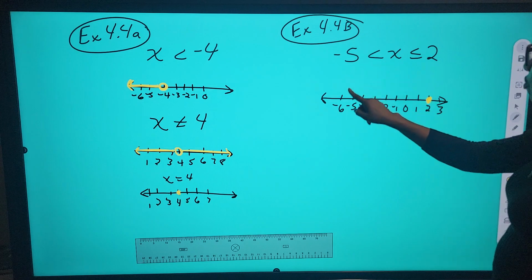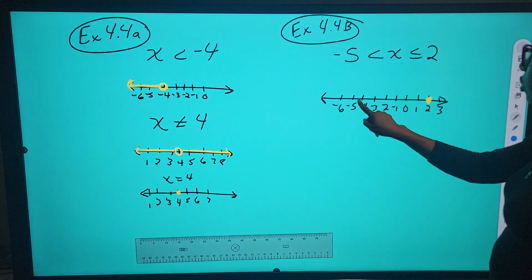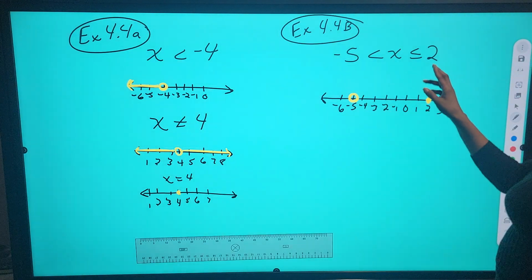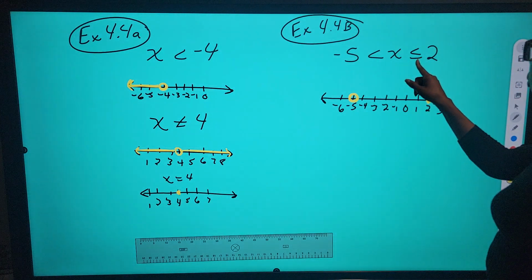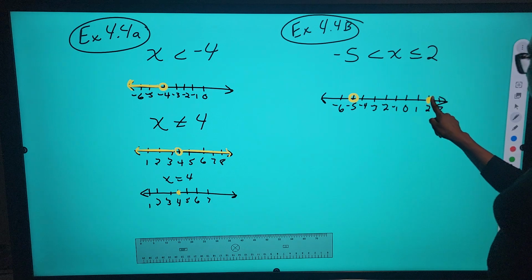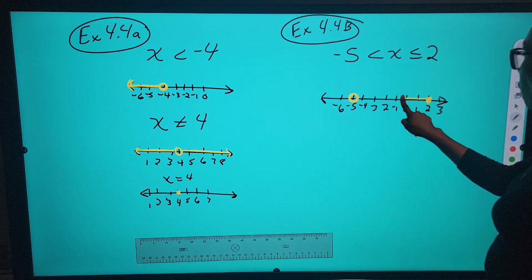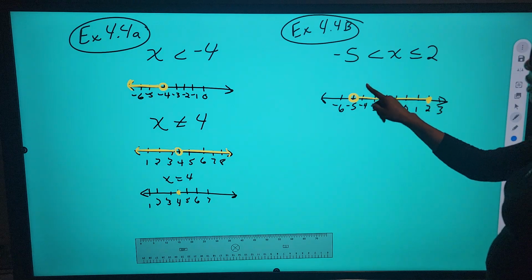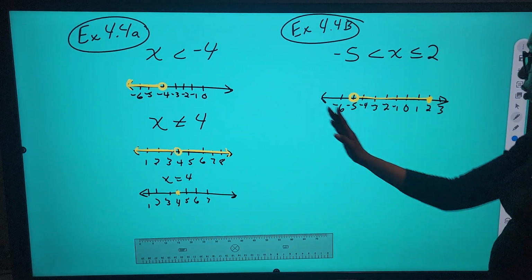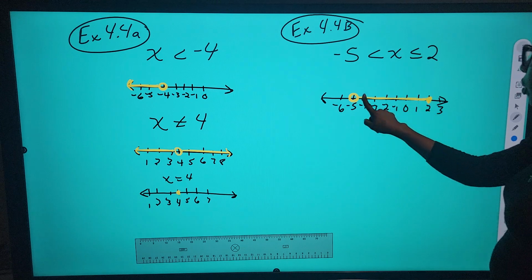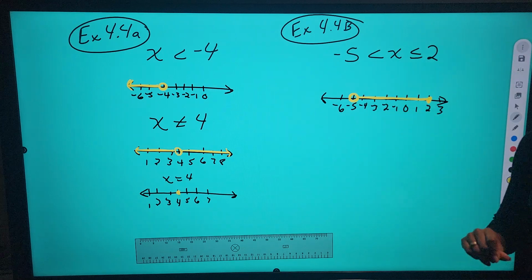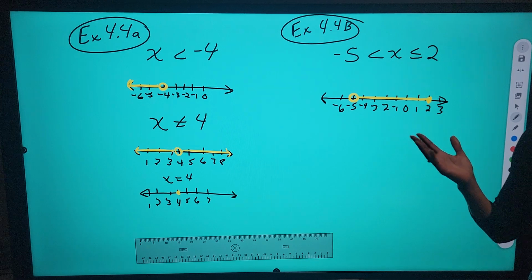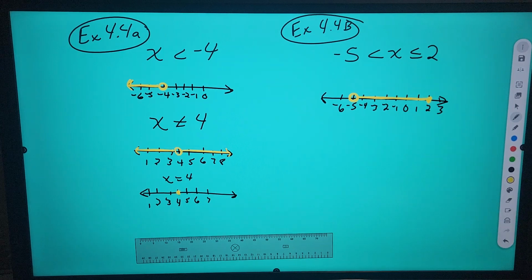So I would go at -5. It doesn't have the equal to under it, so open dot. And we were saying that x is less than or equal to 2, so it's shading this way. And then it's saying that -5 is less than x, so x can't go any further than -5 or lower than -5. It's just the value in the middle. So this is the graph for our compound inequality.